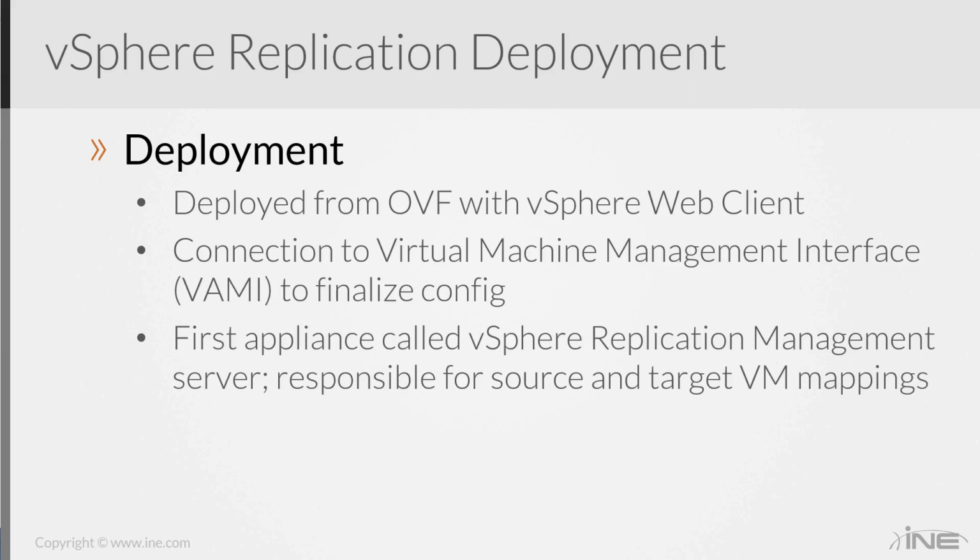The first deployed vSphere Replication appliance would serve as the vSphere Replication management server. So this would contain the necessary components to manage authentication and also to maintain the mappings between the source VM and the replicas at the target site.